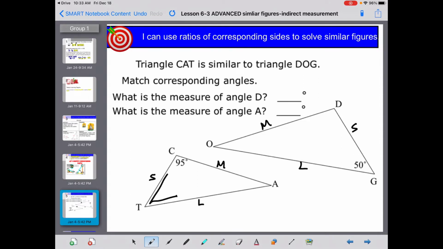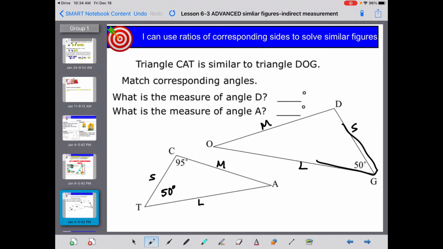So the angle made up by the small and large sides is the same as the angle made up by the small and large sides here. Now, similar figures have the same angle measure. So that means this angle measure is 50 degrees. Corresponding or similar figures have equal angles.